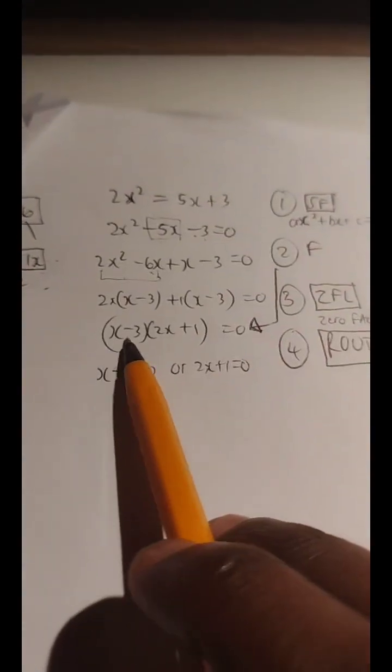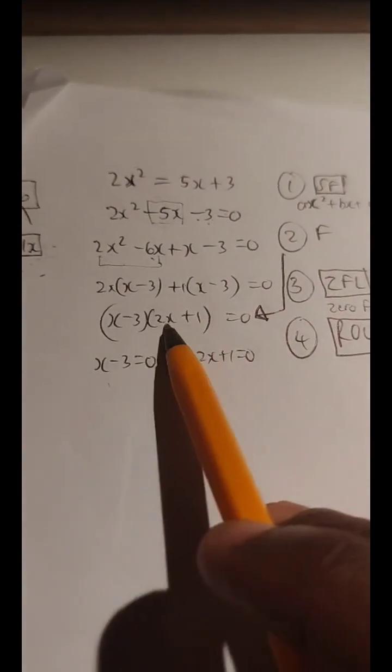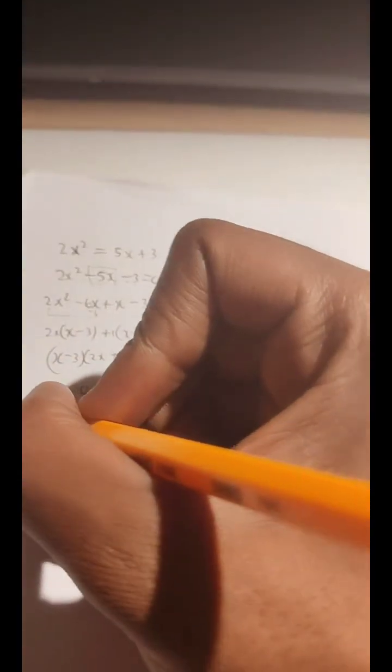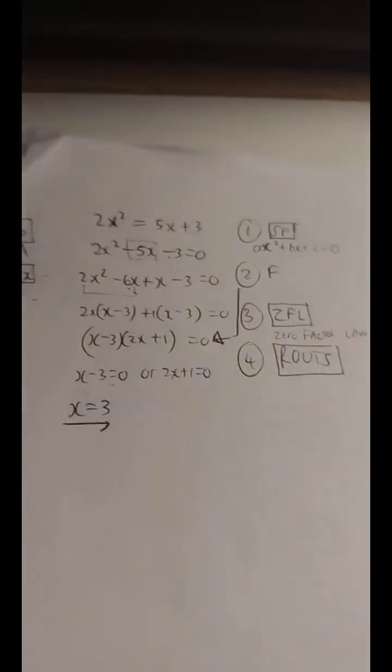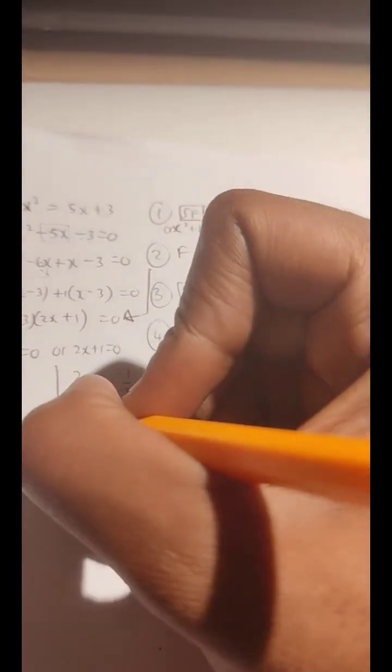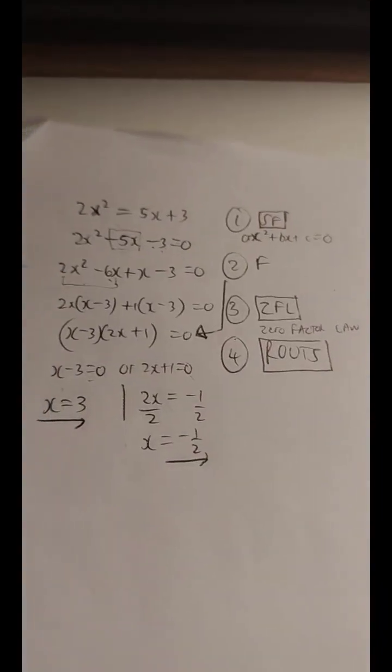So x minus 3 equals 0, and 2x plus 1 is equal to 0. Solve each individual linear equation. You take the negative 3 over, x is equal to 3. Then for the other one, you take the positive 1 over, you get negative 1, and you divide both sides by 2, so x is equal to negative half. So we are done.